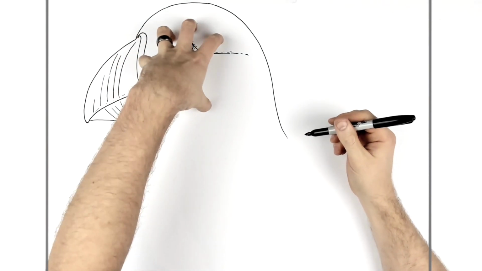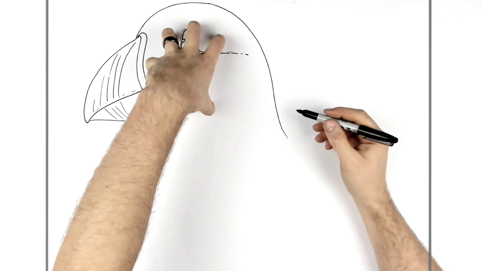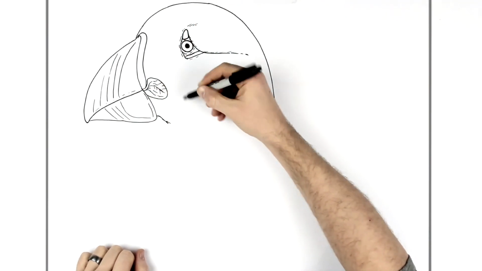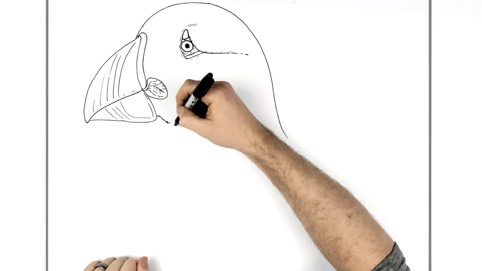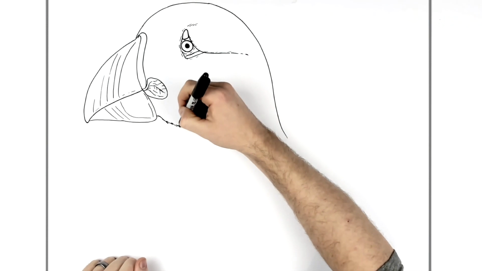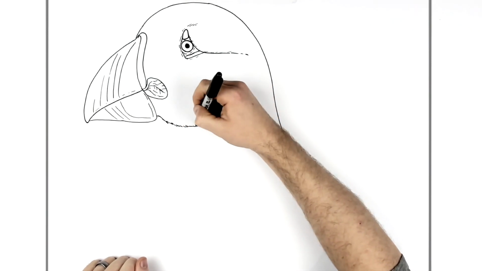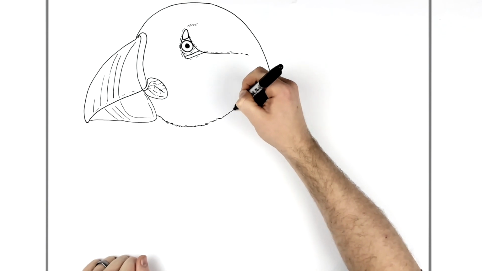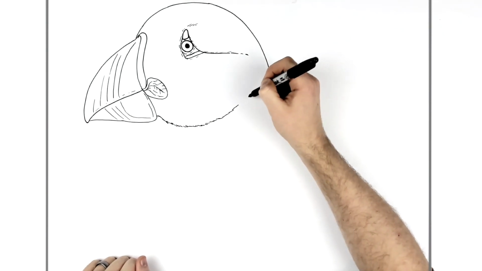Right, he has a white pattern on the head as well. It starts coming out from the beak here. This could be a furry, sketchy line if you want, or it could be smooth. It depends on what style you want, but we'll go sketchy because it should be a little bit textured, I think.